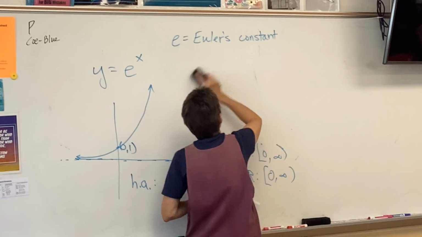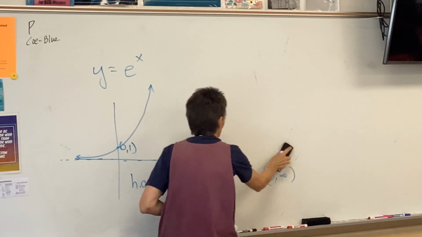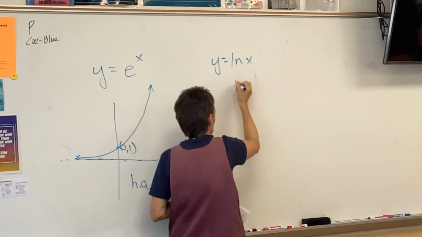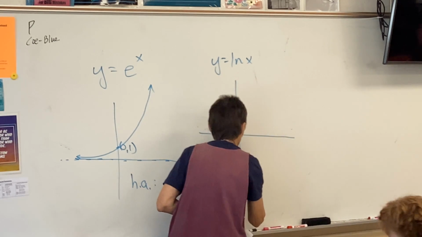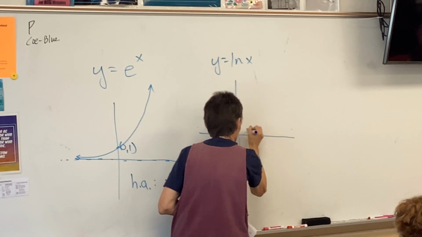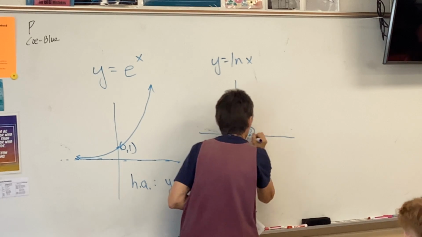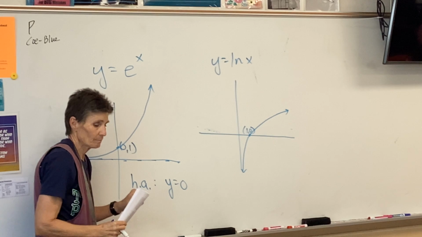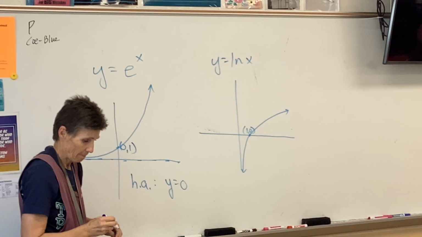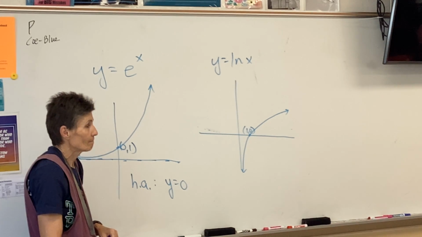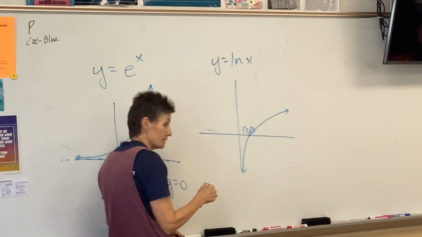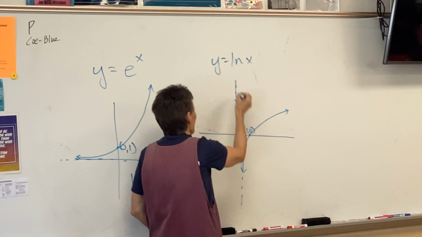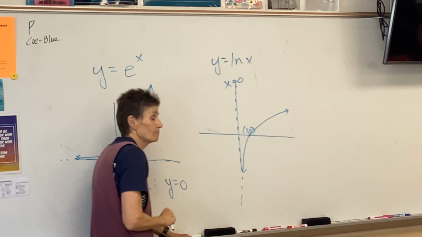Speaking of your natural logarithms, y equals ln x. Looks like that. So this one has a vertical asymptote at x equals 0.